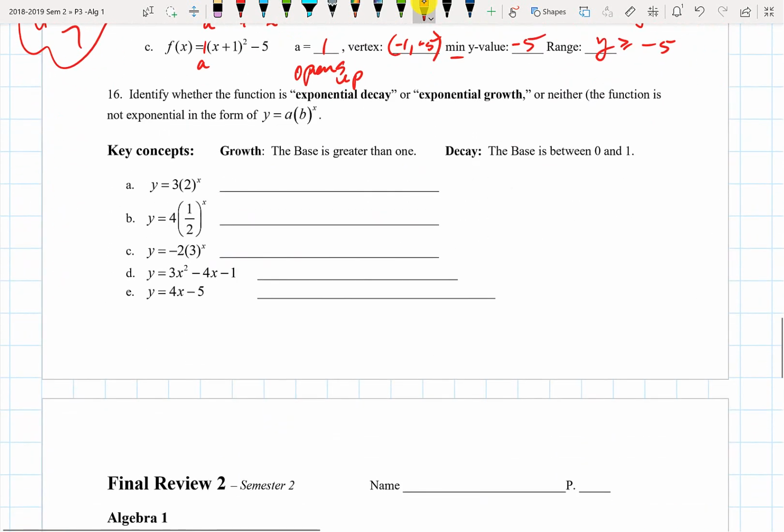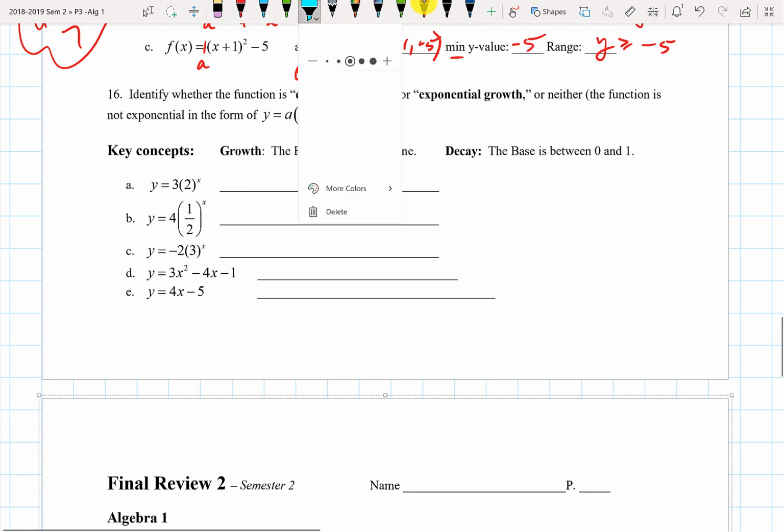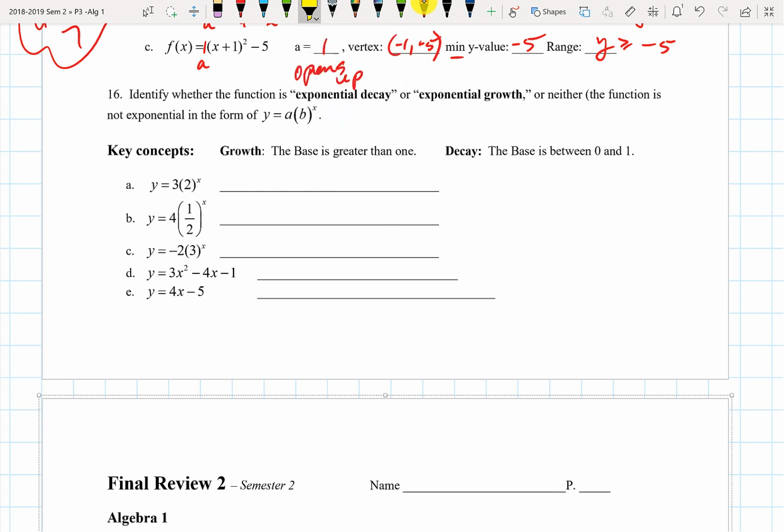Now going back to your exponential functions, get your other yellow notebook labeled exponential functions. This is the basic general function for exponentials without any shifts. The other one we studied was y equals a times b to the x, plus k.